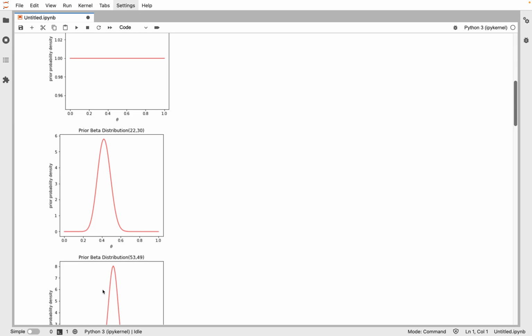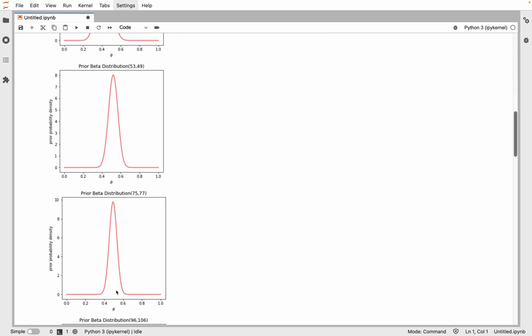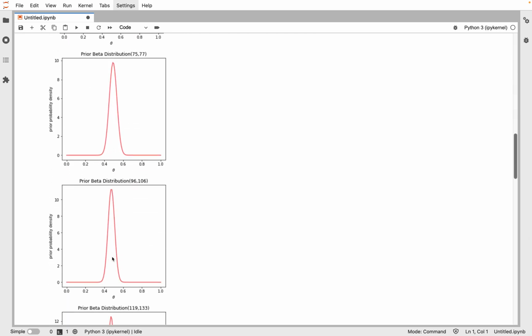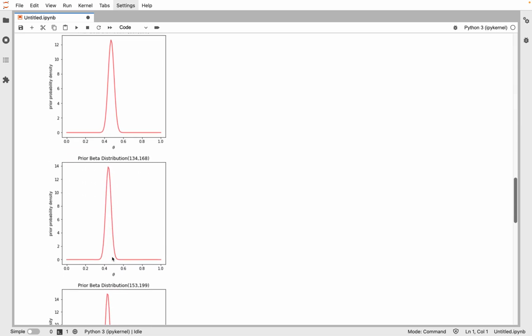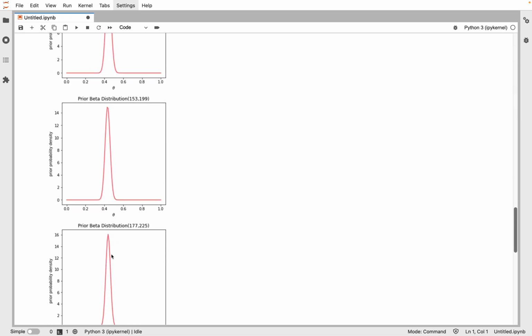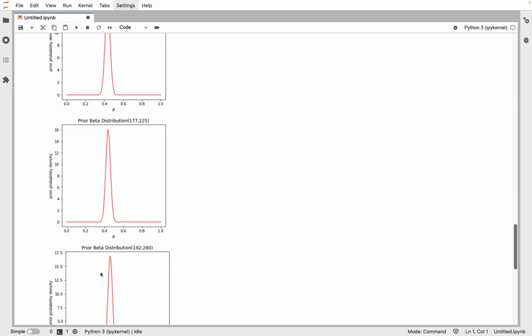And after another 5 throws, we get a sharper distribution. Another 5 throws, we get a more and more sharper distribution, and it will slowly gravitate to 0.4.